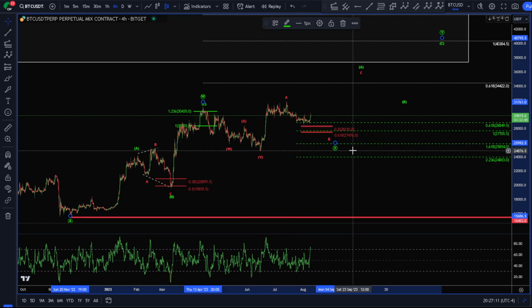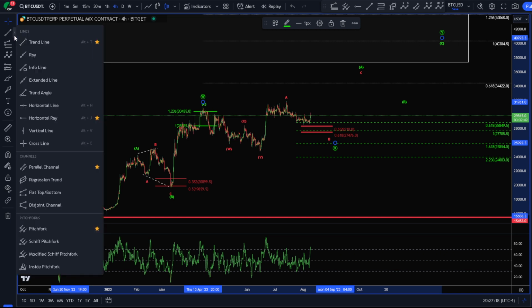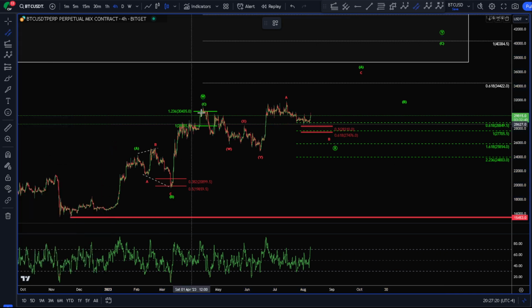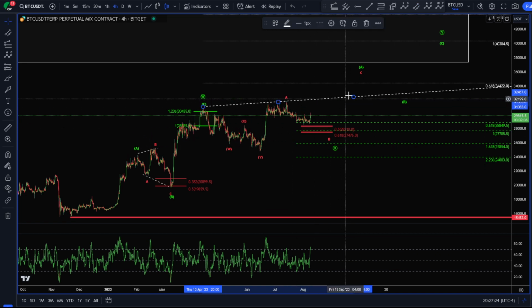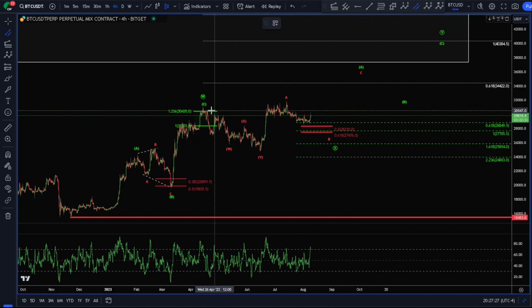Because if we aren't and we need to move the X wave over, and this ends up being a larger X wave, this is most likely either a regular flat or running flat, sorry.